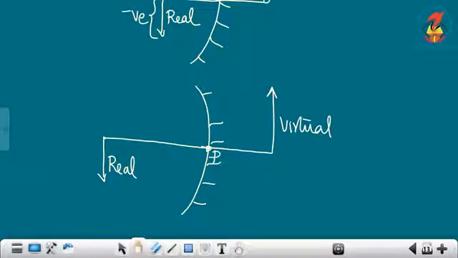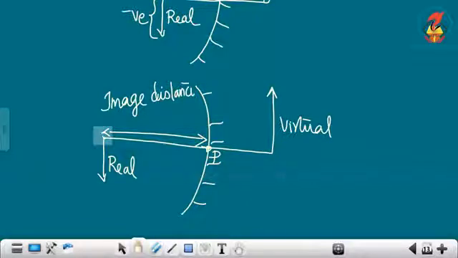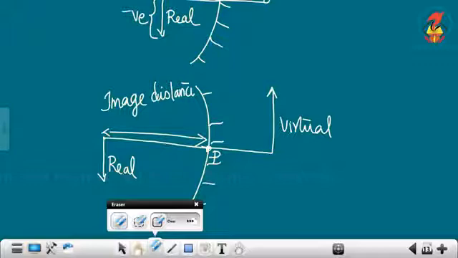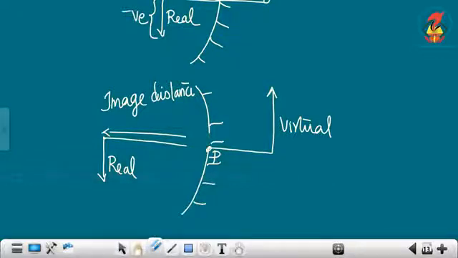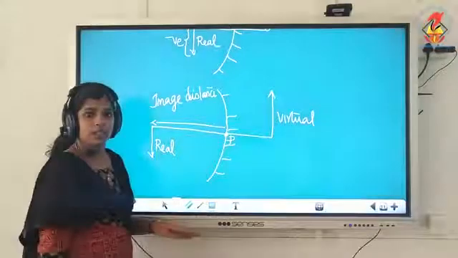Now, we are measuring from the pole to this image. That distance is known as image distance.